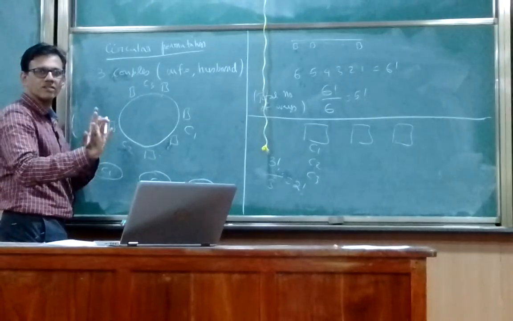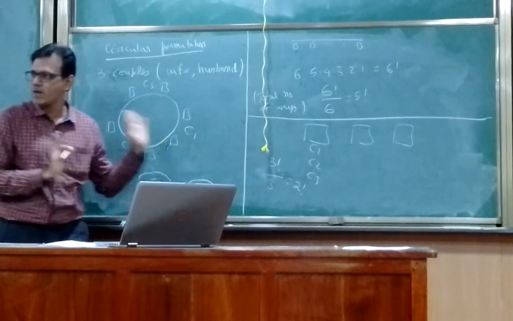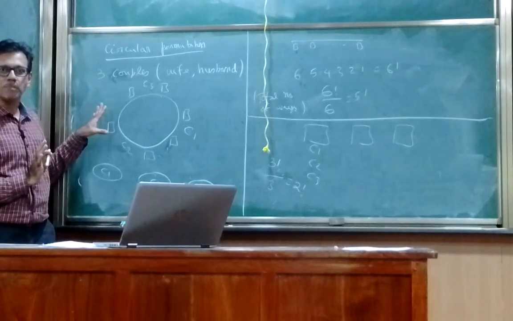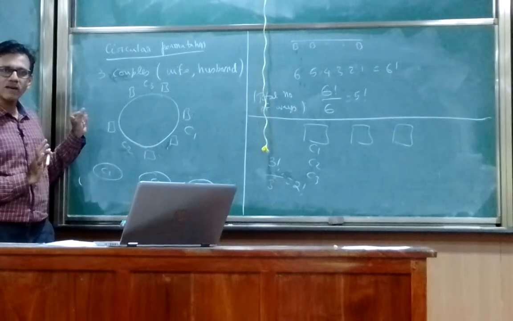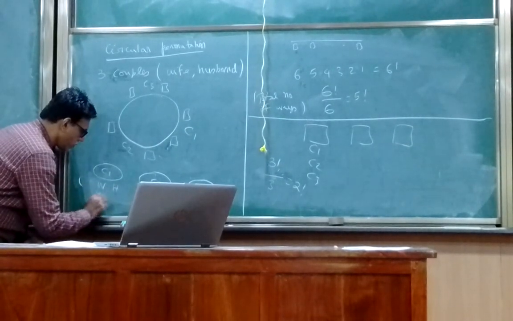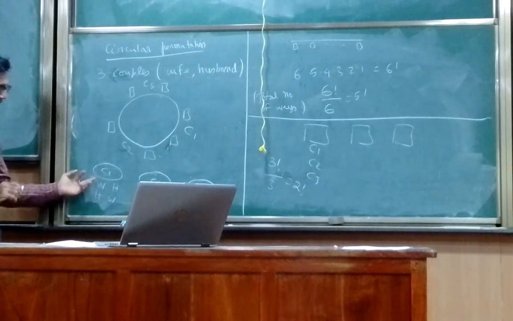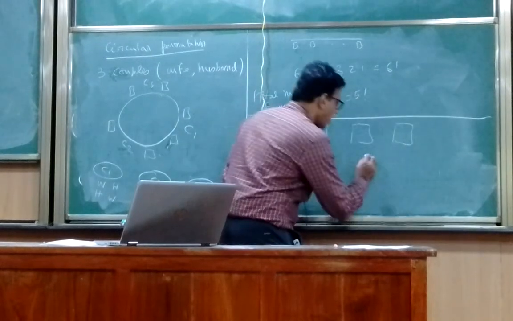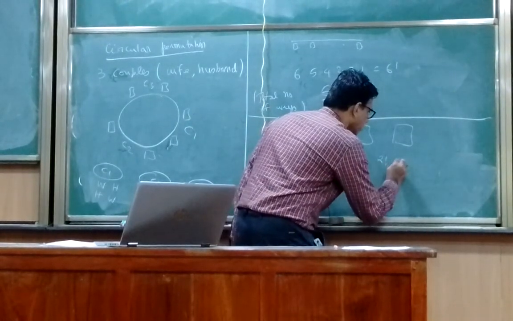That is why there are only 2 ways of doing it. So 2 ways of arranging the couples. Then within each couple there are 2 ways of seating the husband and wife. So the favorable number of ways is 2 factorial into 2 factorial.